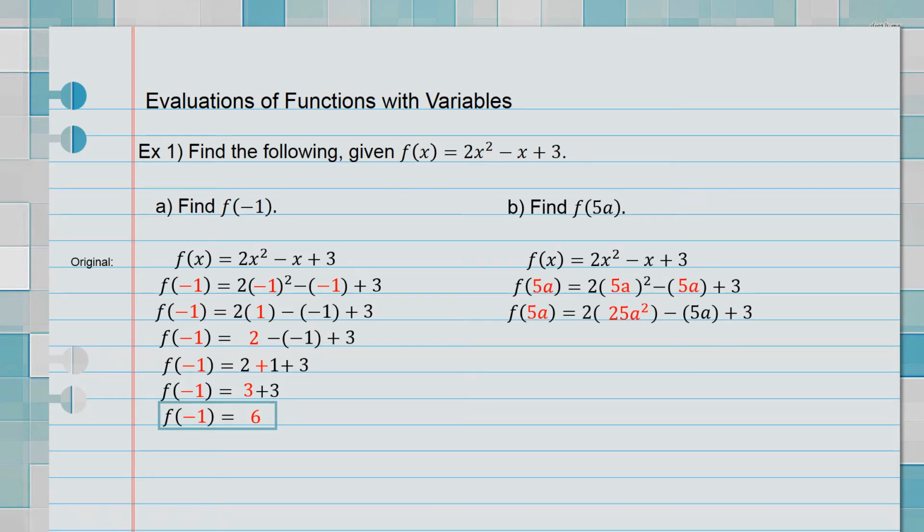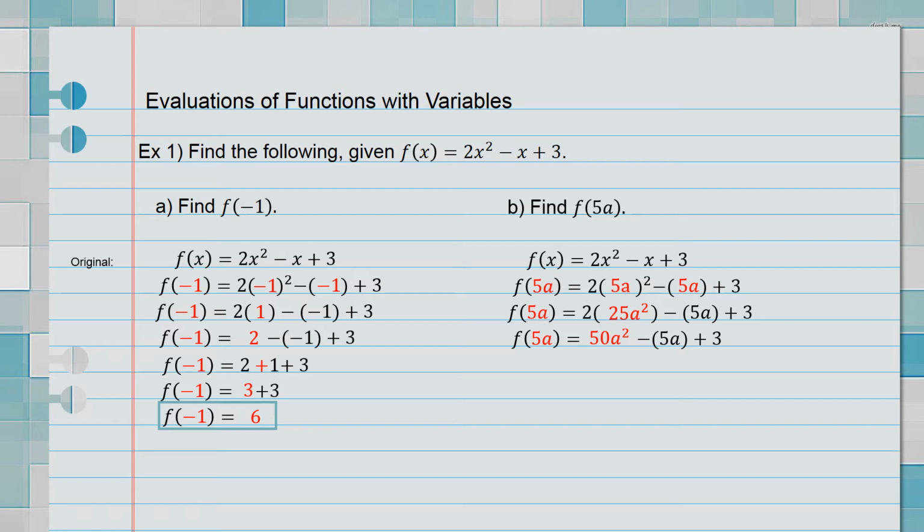There's no more exponents that we can do, so we move on to multiplication division in order from left to right. We do have multiplication in the form of 2 times 25a squared. And so we know 2 times 25 is 50. And we keep the a squared.